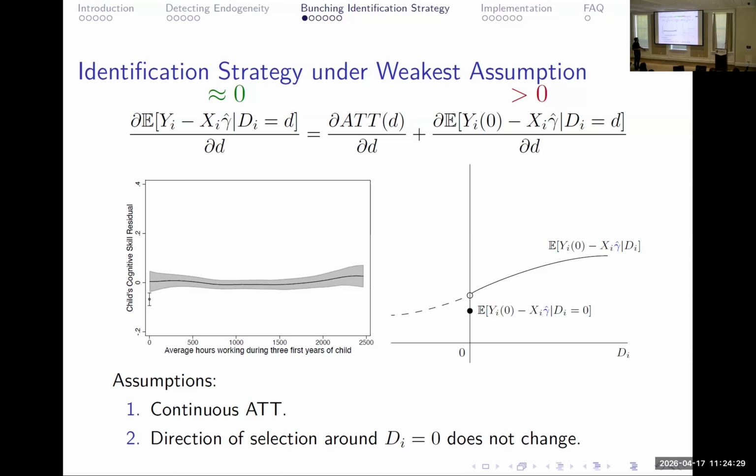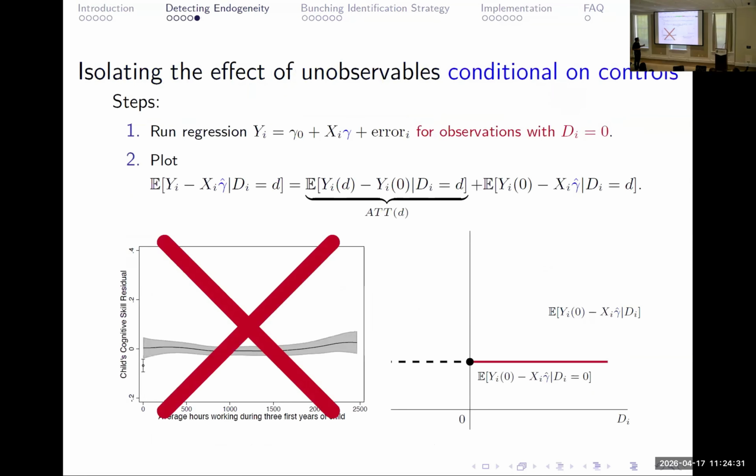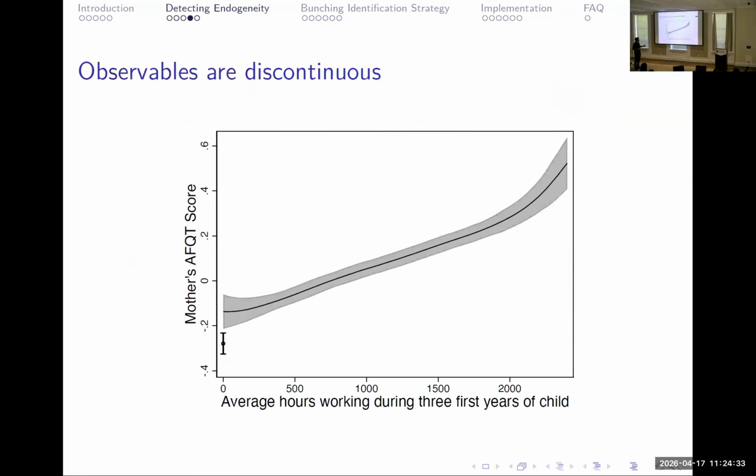Of course, you can go further. You can provide much more evidence before, like showing those observables I told you about. You know that skill tends to be a positive characteristic that tends to affect the cognitive skill of the kid. This is the skill of the mother. And you do find this discontinuity in this key variable, and that suggests there is indeed a positive selection.